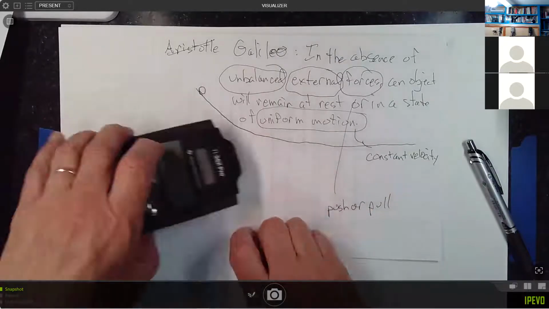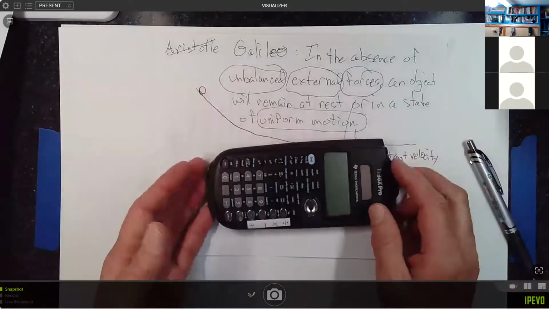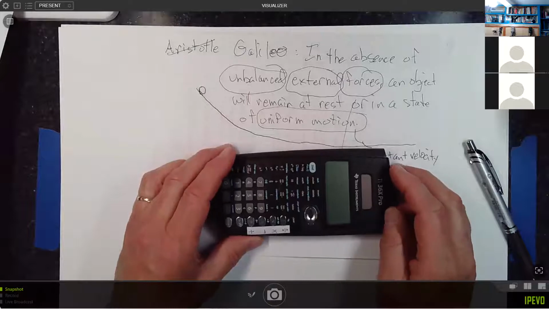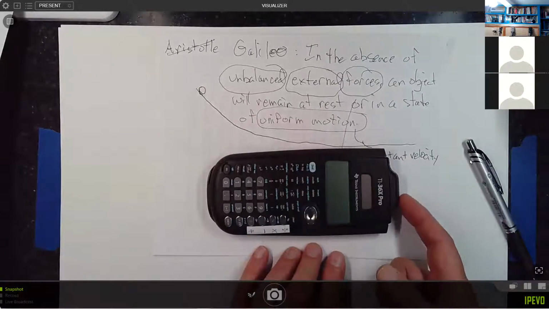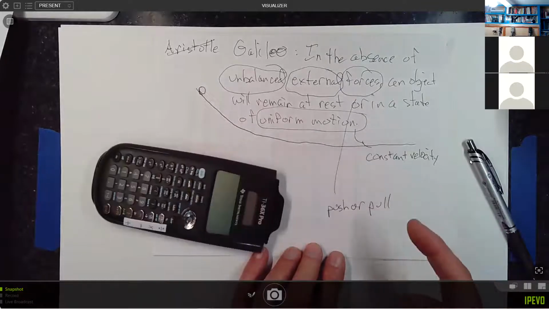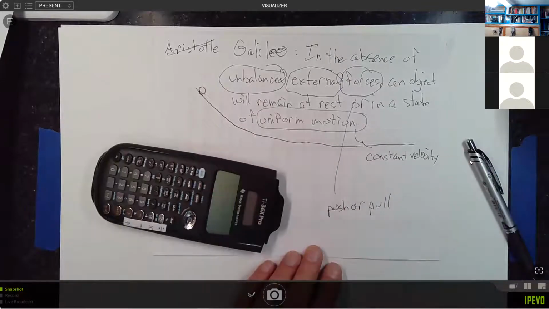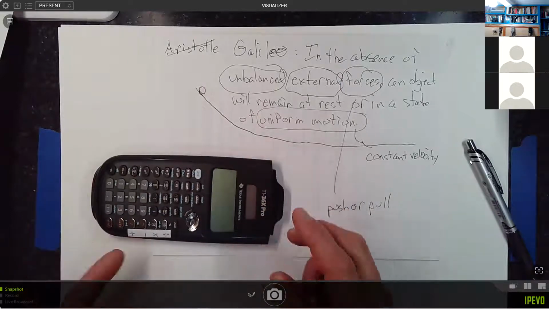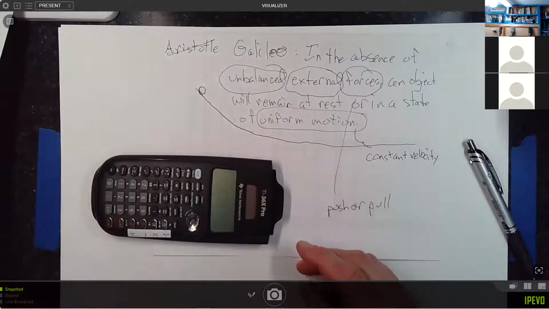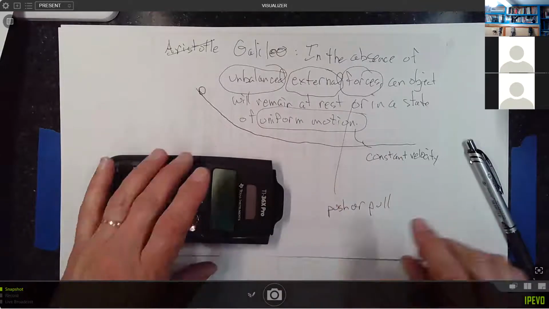Those are all balanced forces, and it'll go in uniform motion if that's the case. But if one of those forces gets unbalanced, like if I give it a shove and take my finger off of it, it came to a pretty rapid stop because the friction is still acting on it, and that slows it down and stops it.